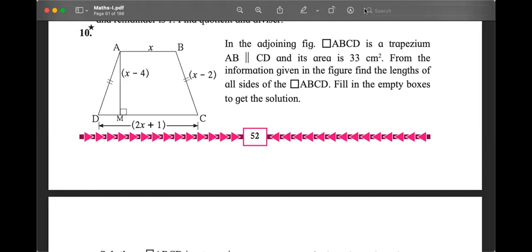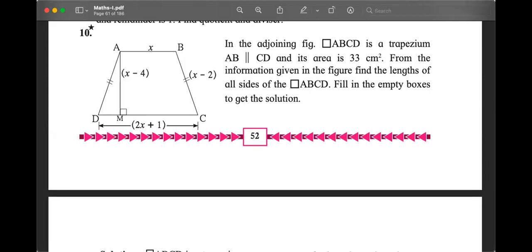Speak or type. In the question, in the text, it says AB is parallel to CD and the area is 33 centimeters square. That is fine. But what else is given in the diagram? Prachi is saying the length of AB is x. Okay. Then Chanda is saying that length of CD is 2x plus 1.